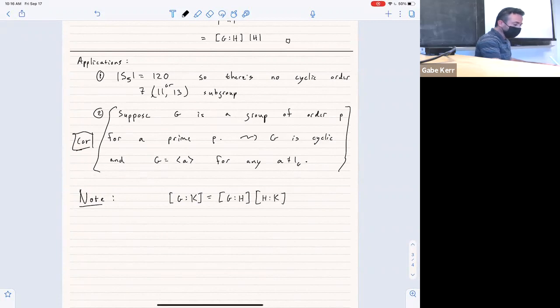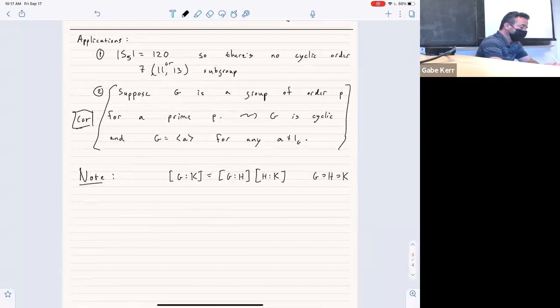However, you can have infinite groups with subgroups of finite index. So you can actually prove this just for finite index subgroups, even when H, G, and K are all infinite. This can still hold.